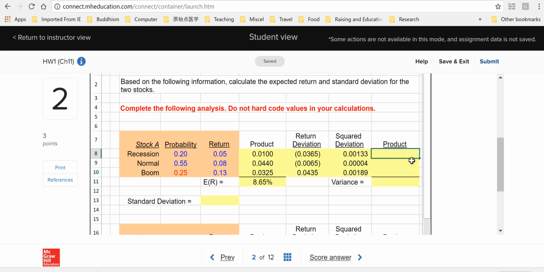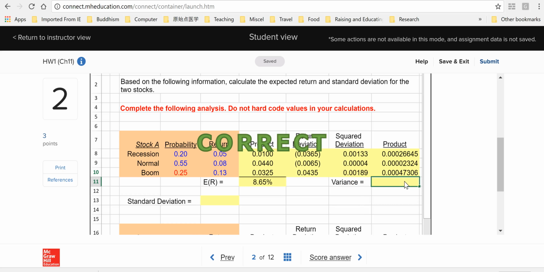The product means the product of the probability and squared deviation. So that equals probability times squared deviation. Then continue: probability under normal times squared deviation under normal state, and then probability under the booming state times the squared deviation under the booming state.